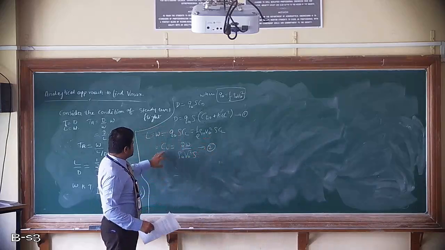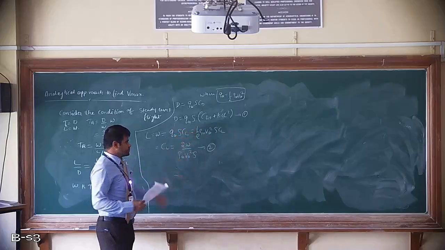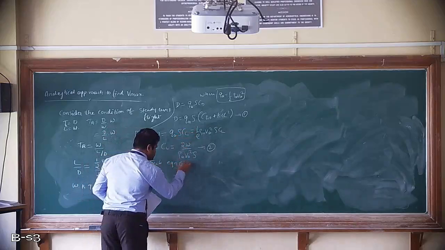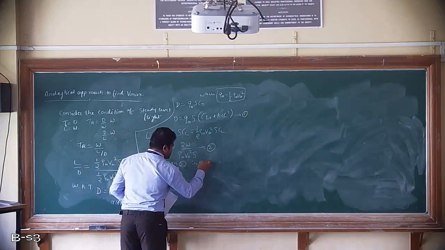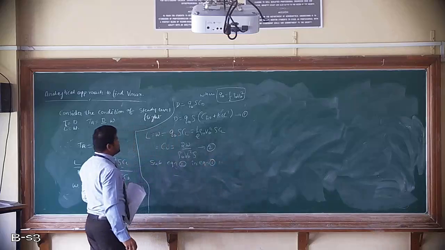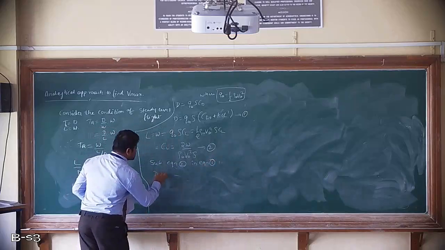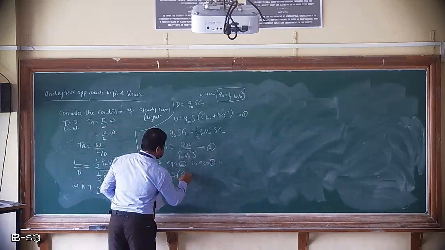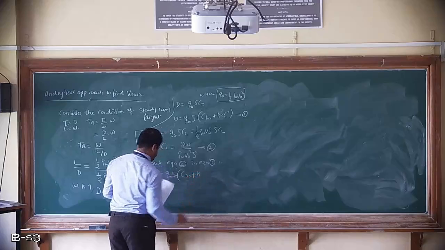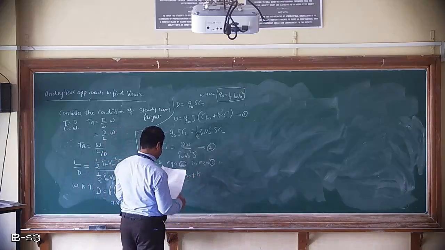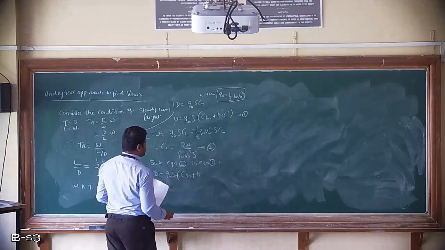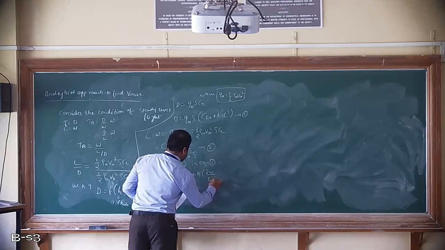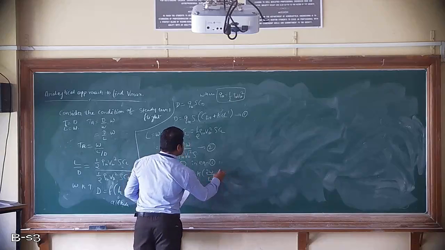Now substitute equation number 2 in equation 1. So what will we get? D will be equal to Q infinity S, CD naught plus K multiplied by 2W divided by rho infinity V infinity square S, whole square.